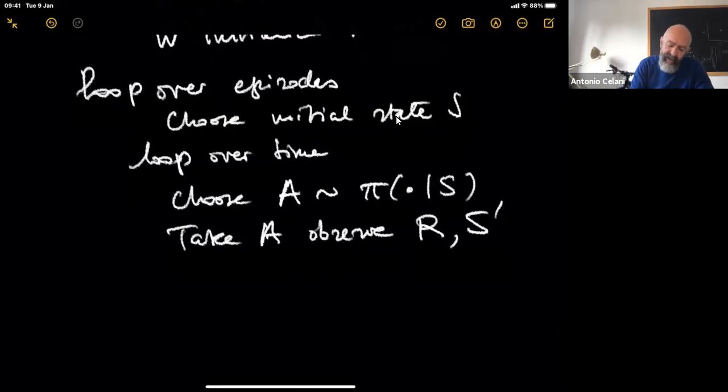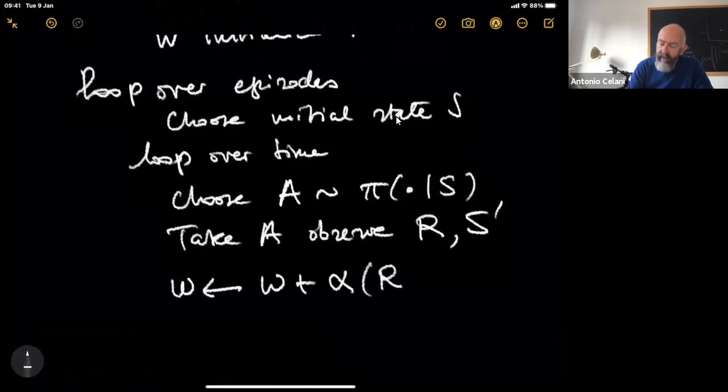And then you update the weights according to your semi-gradient algorithm, which I just wrote above a few seconds ago. This is the learning step.